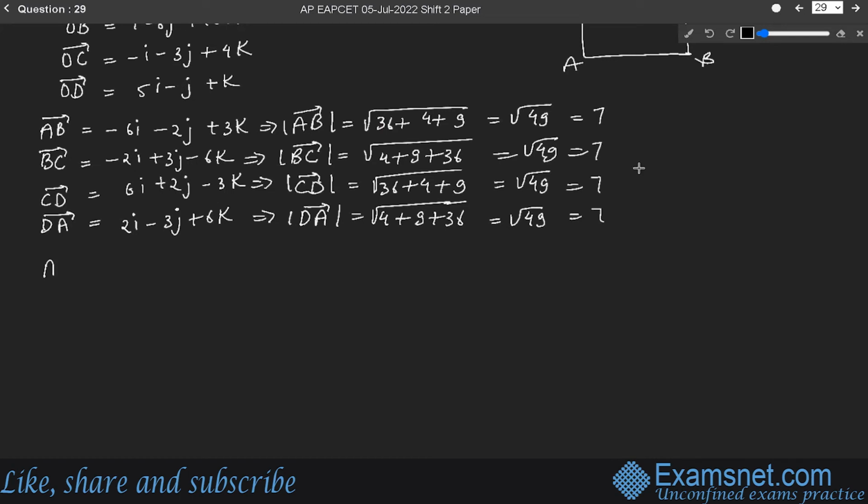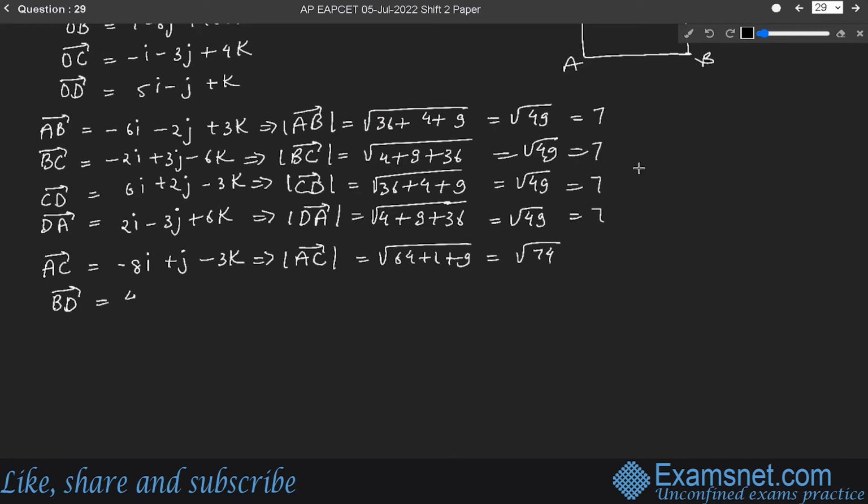Now let us calculate AC vector. AC vector will be equal to minus 8i plus j minus 3k. Therefore, modulus of AC vector will be equal to under root of 64 plus 1 plus 9, which is equal to under root of 74. And BD vector will be equal to 4i plus 5j minus 9k.